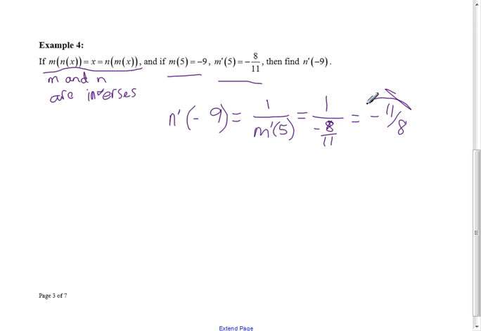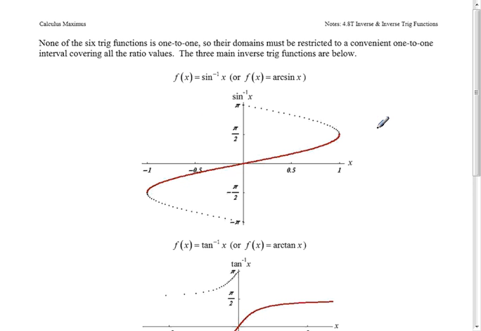So see, there's not a lot of work required if you know the material. You can't do any more of this problem if you don't understand the properties of inverses and their derivatives. I do want to just mention the next page.